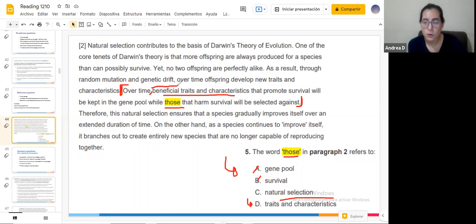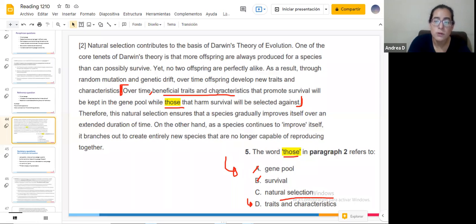So the ones that promote survival, as Carla was saying, the beneficial ones, what will happen to them? They will be kept. On the other hand, while those, but what those? The traits and characteristics that harm survival. So the harmful traits and characteristics, okay?